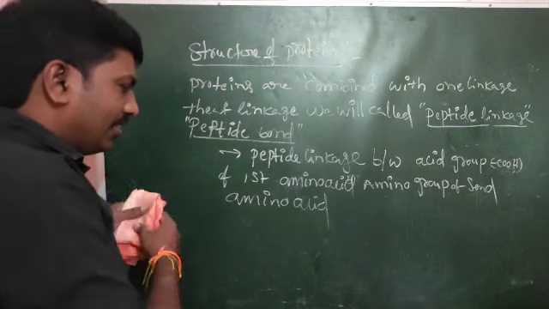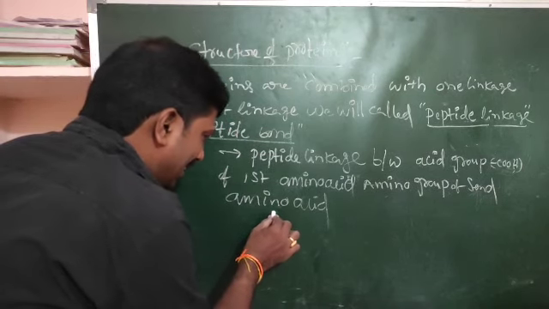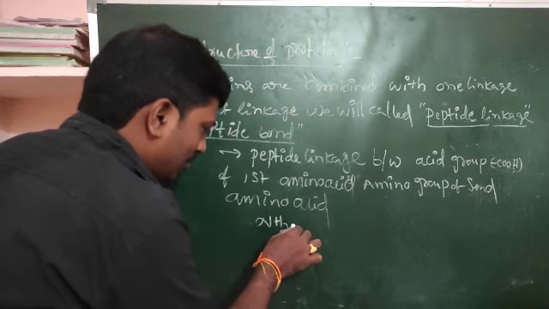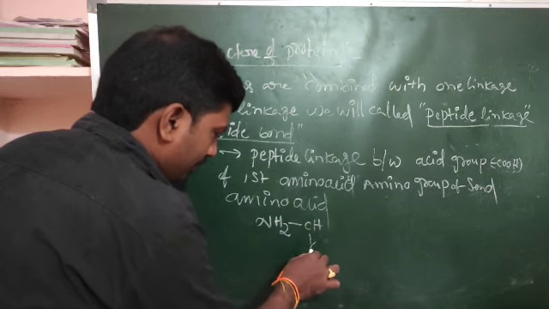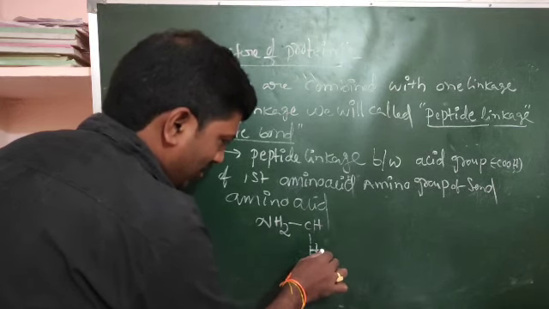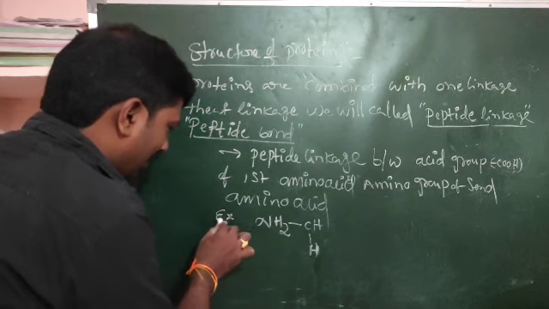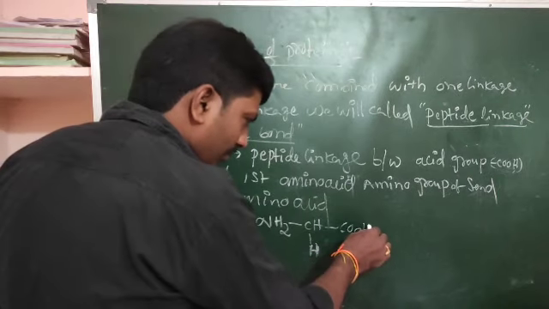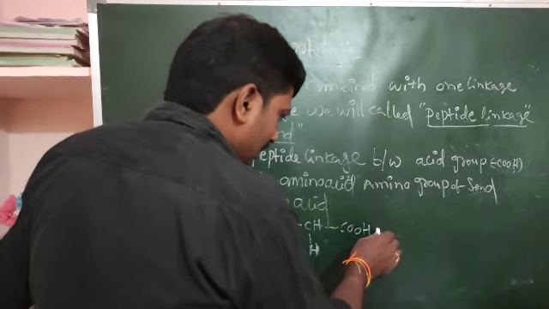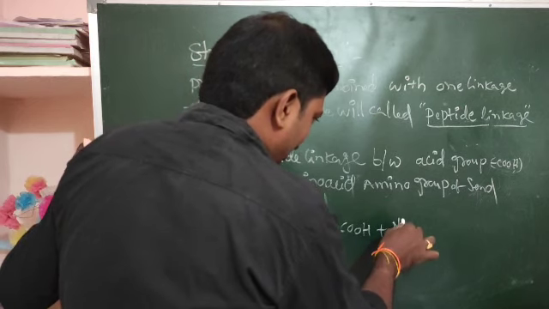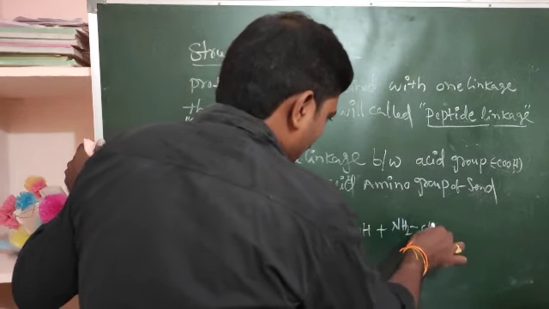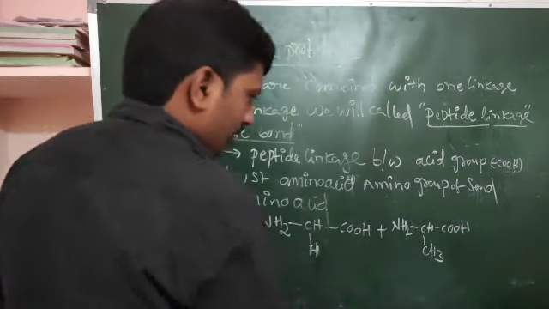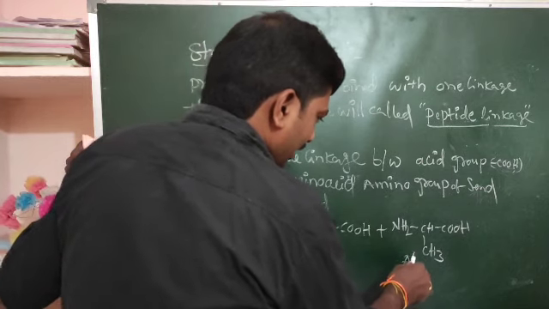I will write how it is connected. Take glycine as an example, which we discussed in an earlier class: NH2CH2COOH. Plus NH2CH(CH3)COOH, which is alanine.